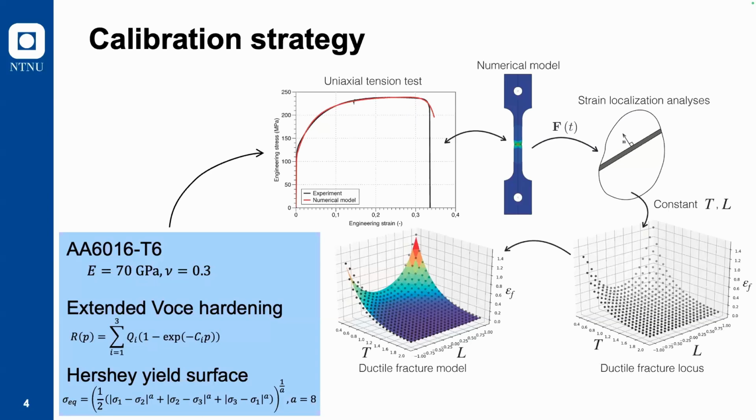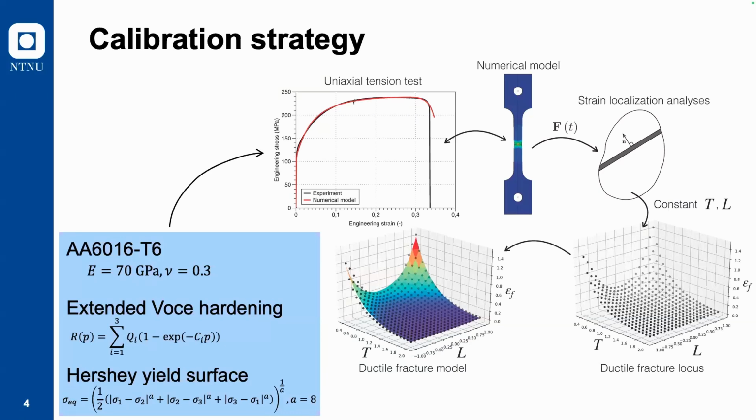After that, we assume that the strain localization model provides correct results also for arbitrary proportional loading for different stress triaxialities T and Lode parameters L. Then we create a point cloud like in the lower right corner, and we can fit a fracture model using these points.